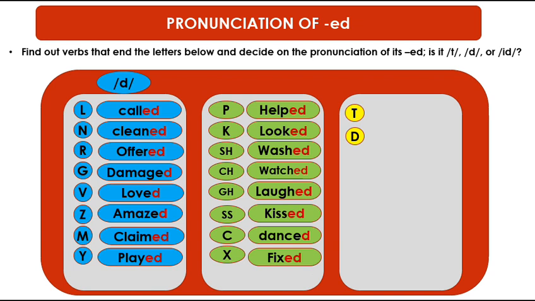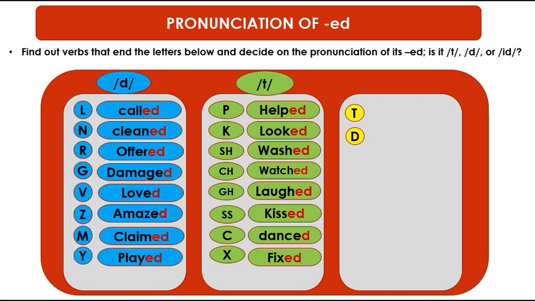So when the verb ends in the following sounds, p, k, sh, s, and x, we pronounce the ed as t. Excellent.